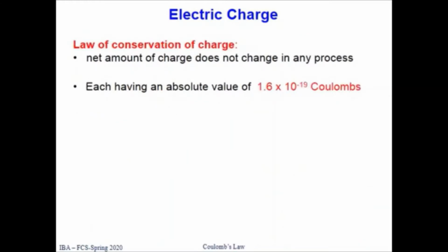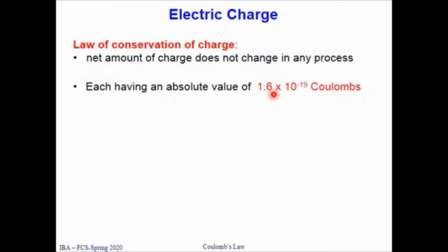Similar to the law of conservation of energy and the law of conservation of mass, charge also follows a conservation law. The net amount of charge does not change in any process, each having an absolute value of 1.6 times 10 to the power minus 19 coulomb.